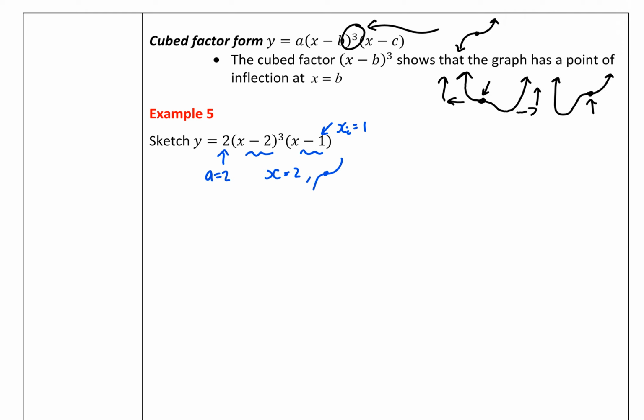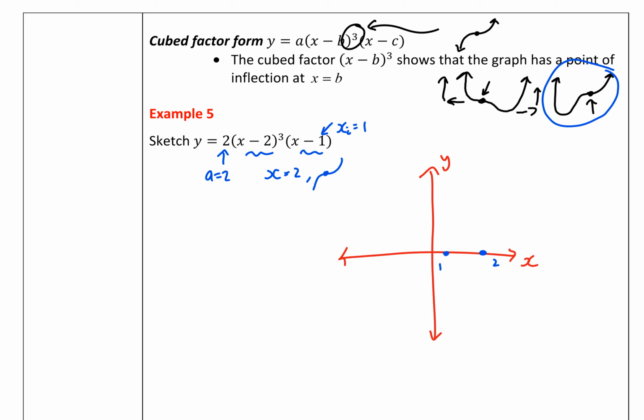So drawing up my axes, I've got x and y. We can think at x equals 2, over here, there's a point of inflection. At x equals 1, there's an intercept. Now the only way to make that positive curve is if we have this shape here.